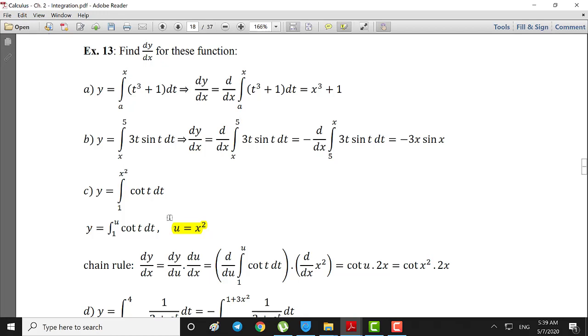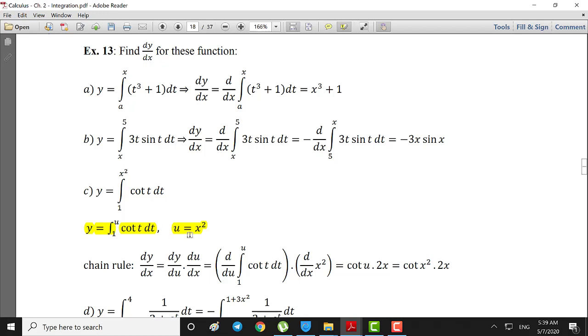We're changing the variable. If we consider x² as u, then y becomes integration from 1 to u of cotangent of t dt, right? Now, this new y is a function of u, right?